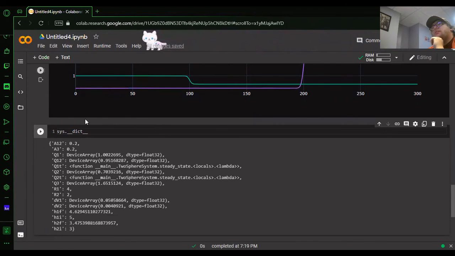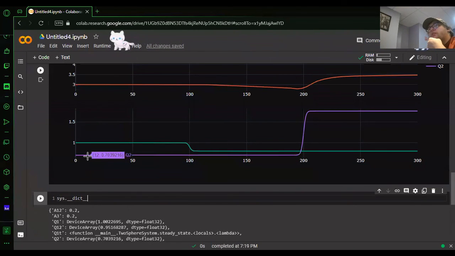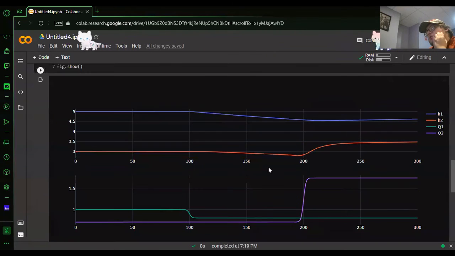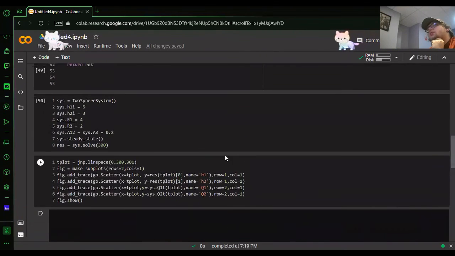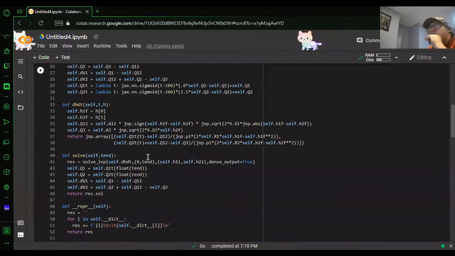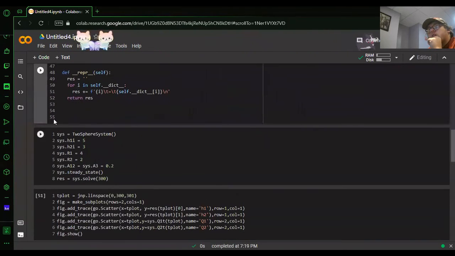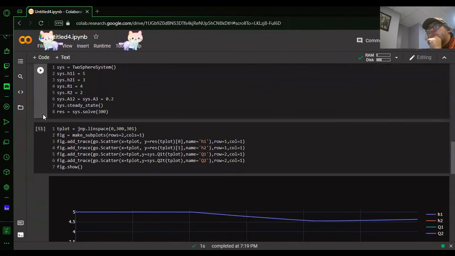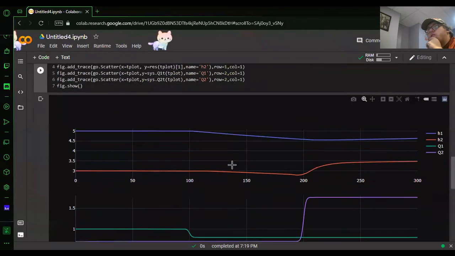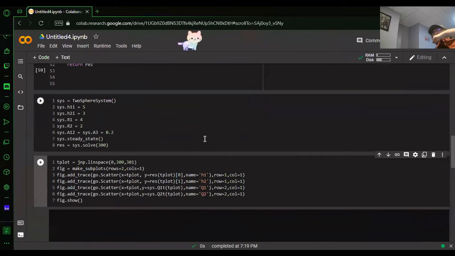Okay, so what's going on is they are starting out at the values they should be ending. Let me read through this one more time. Let me try running all of it one more time. It's still being funky.